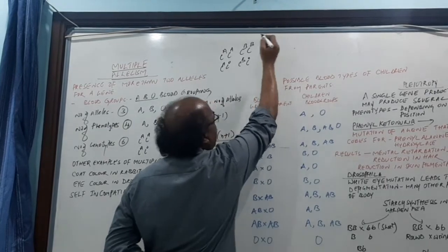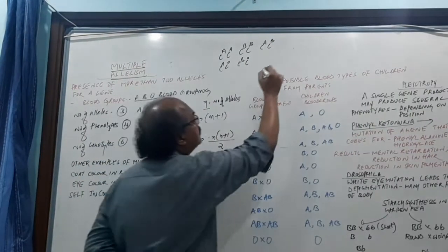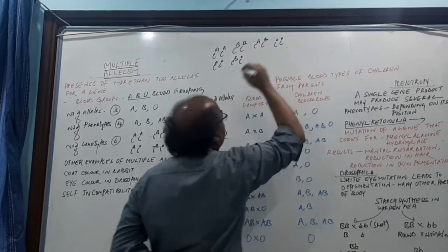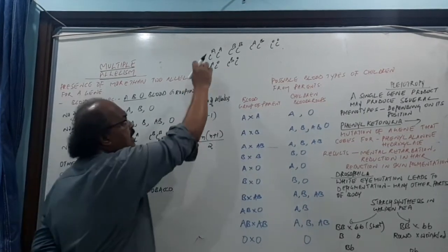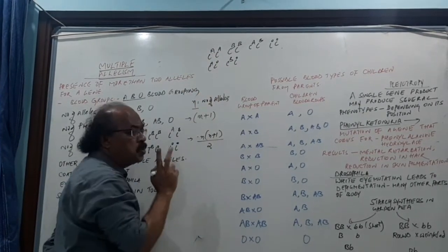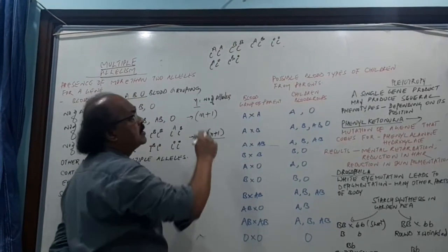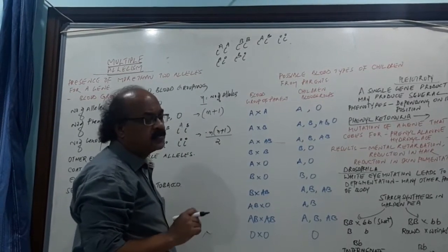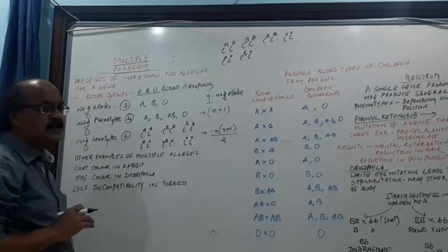IA, IB, AB blood group. IO, that is O blood group. So A is having 2 genotypes, B is having 2 genotypes, AB is having 1 genotype, O blood group is having 1 genotype. So total 6 genotypes are present.